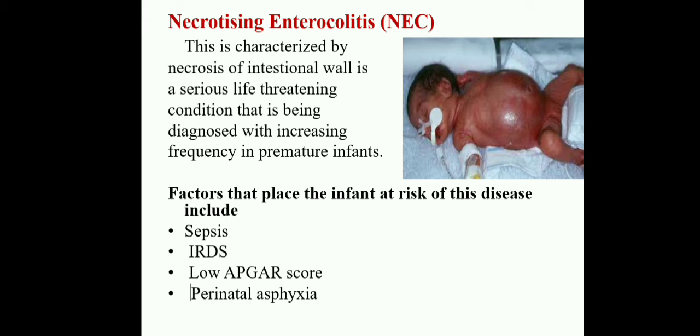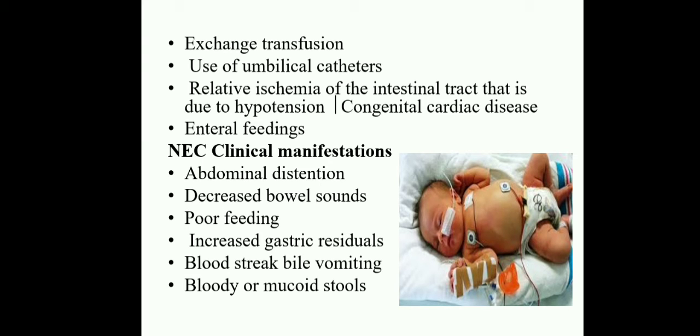Okay, what are the factors that place the infant at risk of this disease? The first one is sepsis, IRDS (respiratory distress syndrome), low Apgar score, and perinatal asphyxia. Some babies are needed for exchange transfusion if there is severe jaundice.